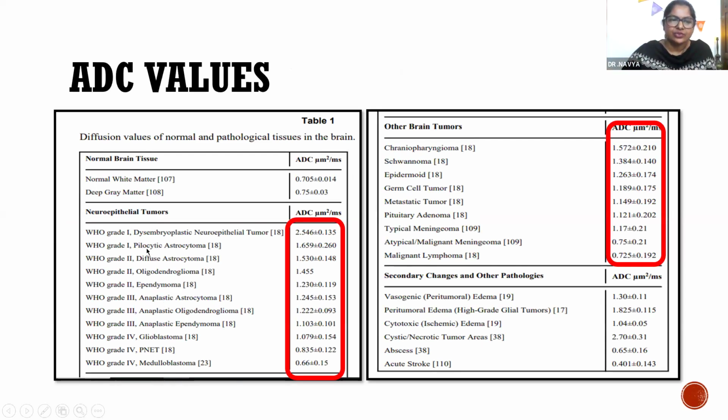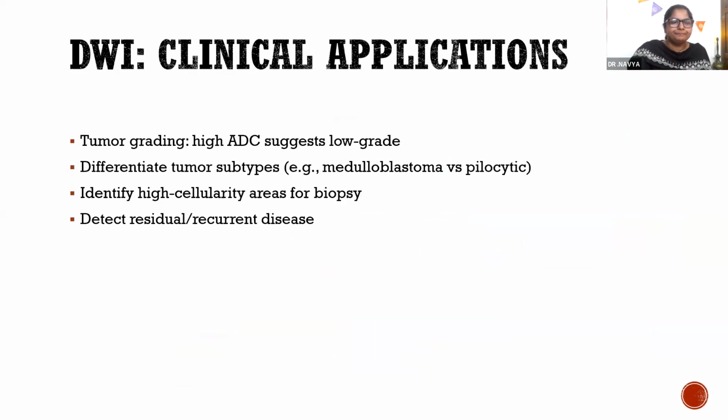The pilocytic astrocytoma, you see, it's 1.65 versus ependymoma 1.23 versus medulloblastoma 0.66. At least remember one, medulloblastoma has the least ADC. The value is 0.6, much lower. Why? The disease is very malignant. It is not allowing the diffusion to happen. It has much restricted diffusion.